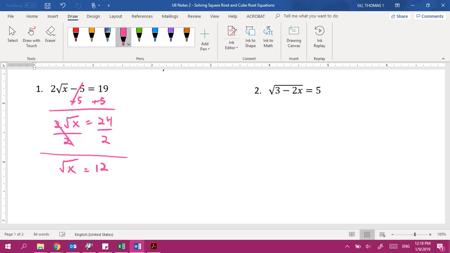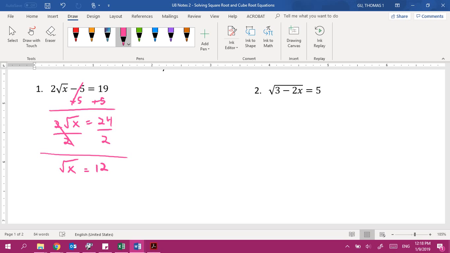Now we're trying to get x by itself, right? Right now it's the square root of x. We don't want that square root. So how do I get rid of a square root? You cannot square root the 12, because whatever you do to one side, you'd have to do to both sides. So you're going to square both sides. Remember, you always do the opposite when you're trying to get rid of something, trying to cancel it out. So what's the opposite of square root? To square, right? So we square both sides.